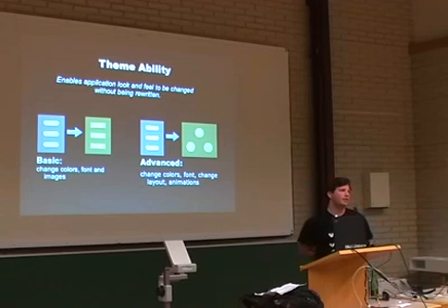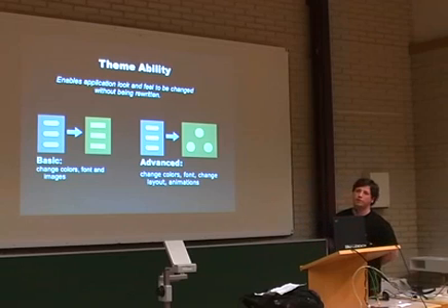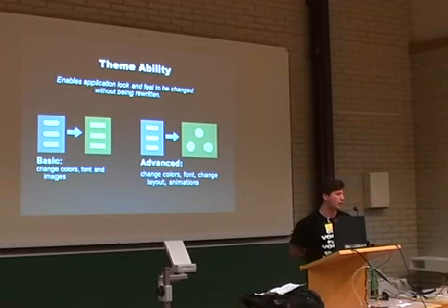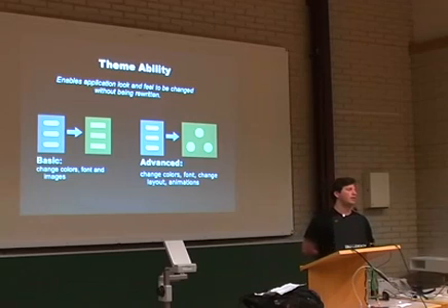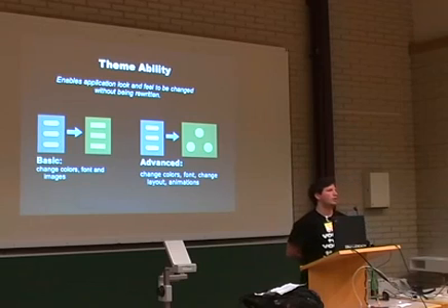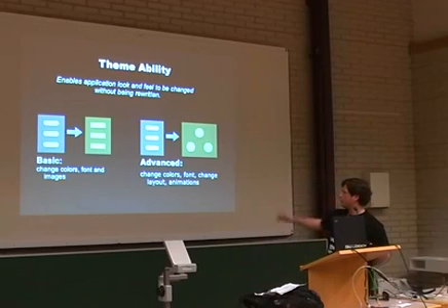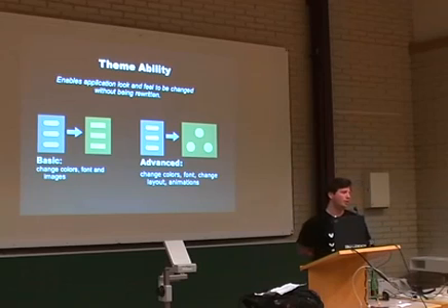Also, we have the themeability of the engines. On the left, you can see the basic themeability. That is just, okay, let's replace some pixmaps, let's replace the font, let's replace the thickness of the line, and that's all. On the right, what I call advanced theming.